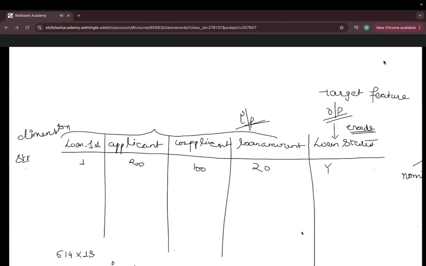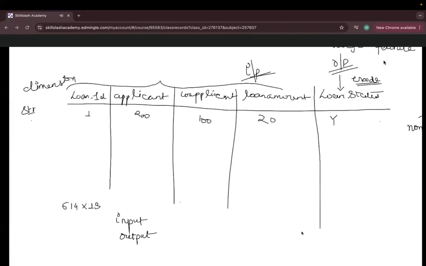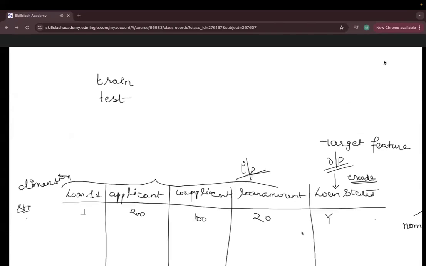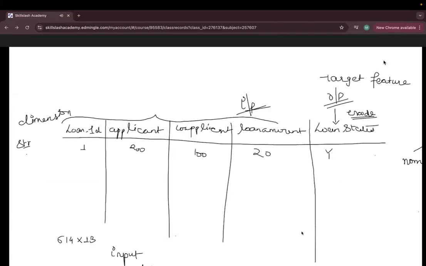Okay. Now, at this time, there is some need of a training data set which we need to give our machine learning model. And another thing which we need to give is the test data set. Okay. Now, what is this train? What is this test? Understand, this is your input, this is your output.